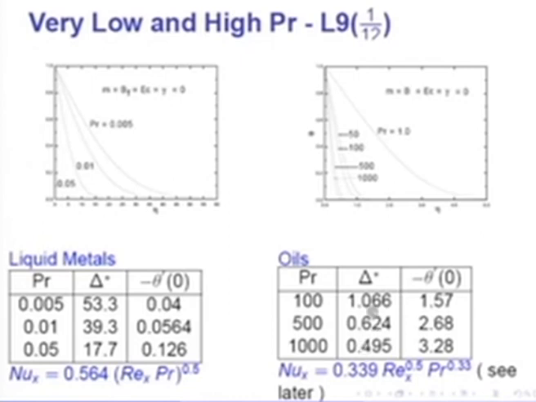At Prandtl number of 100, it is just 1/5 of the boundary layer thickness for Prandtl equal to 1, and minus theta prime 0 goes on increasing with Prandtl number, and a good curve fit is 0.339 Reynolds x to the power half Prandtl to the third. But we will discuss both these solutions a little later.